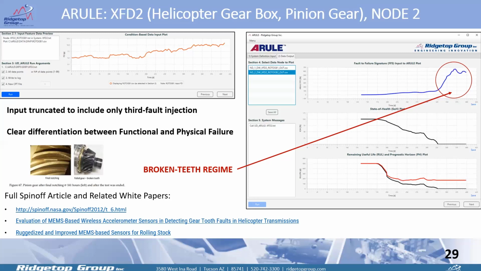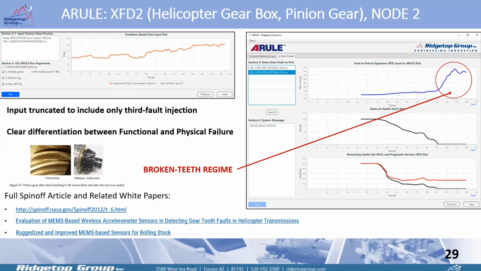It's not totally failed. In this case, the gear tooth was not totally failed, but it had one broken tooth. So one of the things about prognostic health management is, at what level of damage do you say any further damage is unacceptable and I'm going to consider it failed?